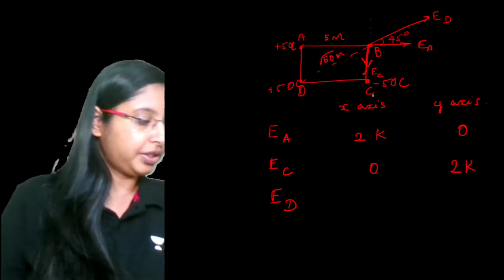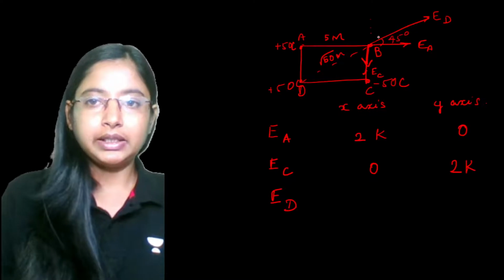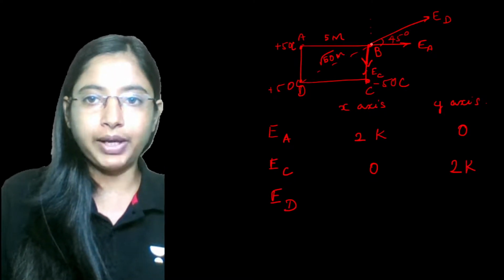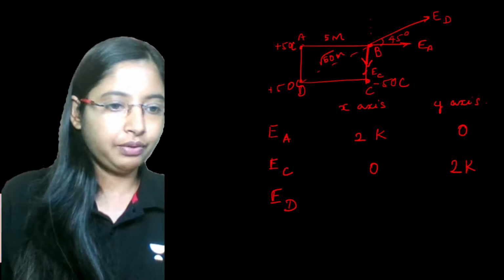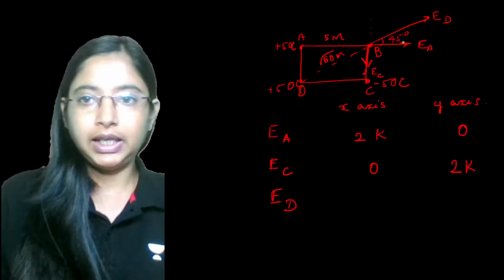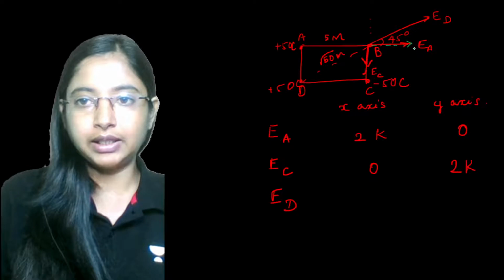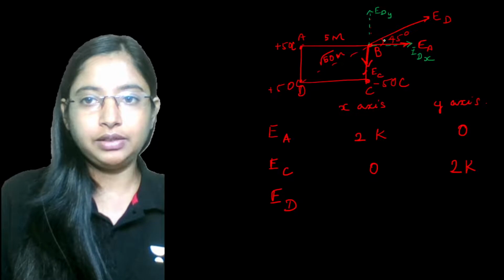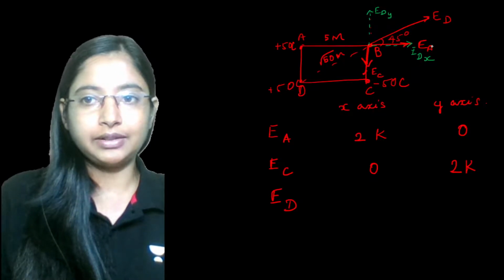Okay, the angle over here would be 45 degrees, and we have to resolve this component into x component and y component, right? So you have one component because of this ED acting in the x-axis direction, and another component acting in the y-axis direction. So the entire angle is 90 degrees, and this angle is 45 degrees. What will be the x-axis component?